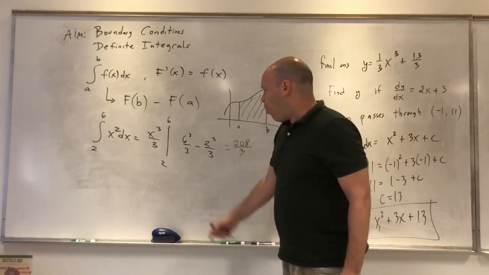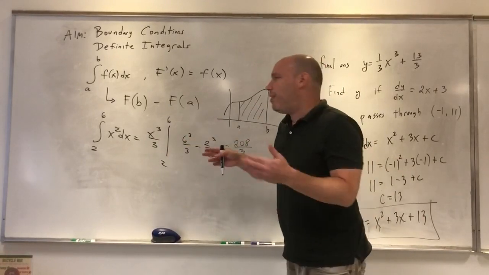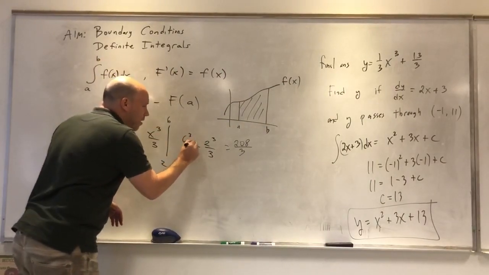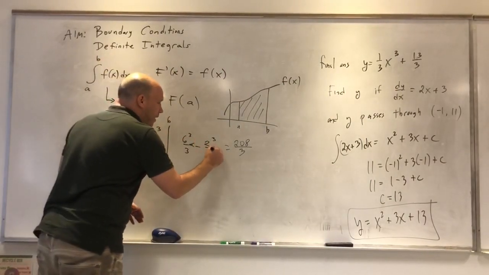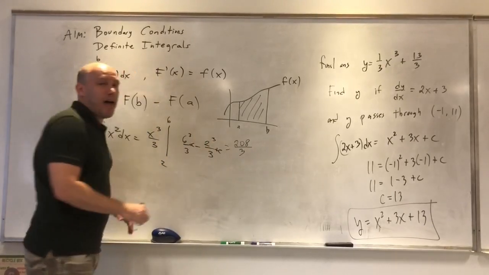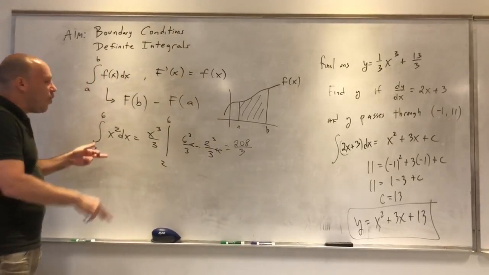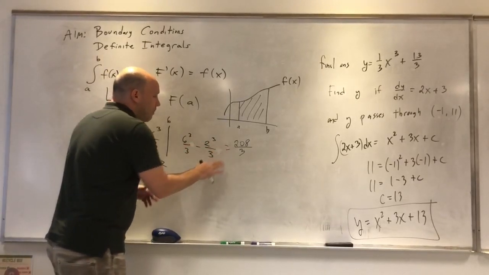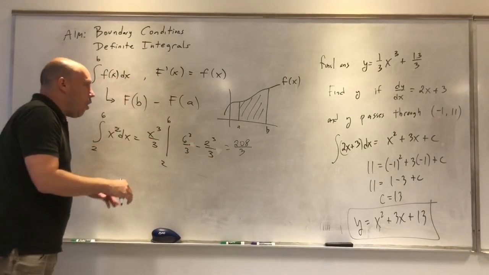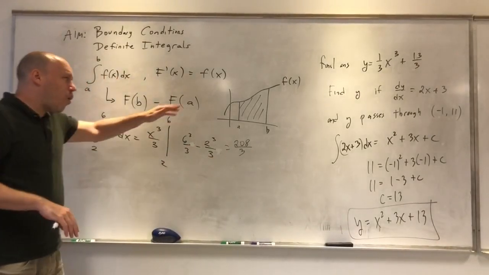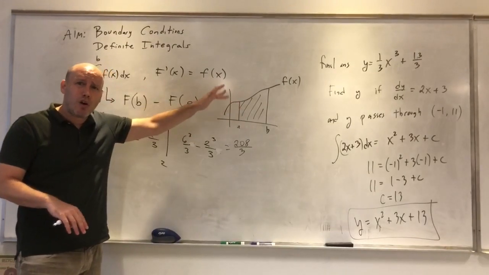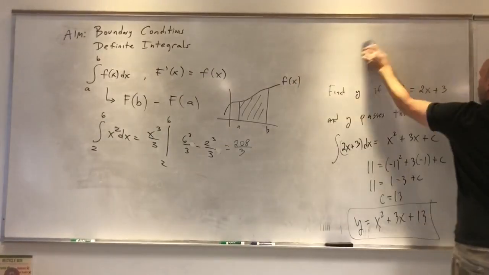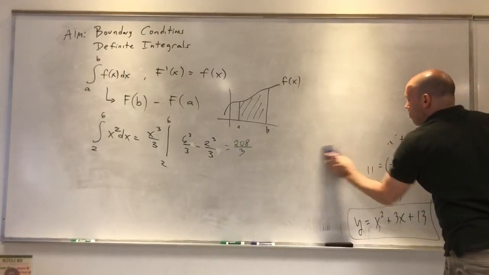Mr. Adler, you ask, what happened to the c's? Well, a c was here, and then you subtracted another c here, so the c's cancel out. When we're doing definite integrals, we no longer need the c. Once again, it's going to be connected with the area under the curve, but you could get weird answers. So for now, you're just going to do the algebra.